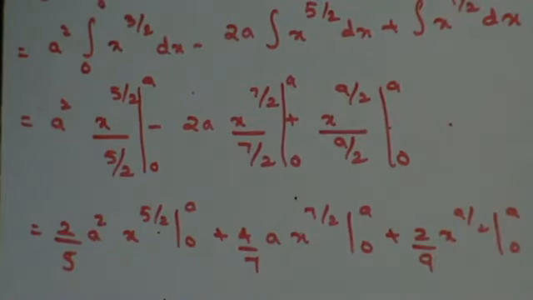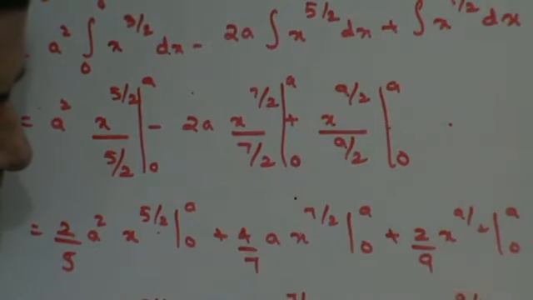Now upper limit minus lower limit. So this is going to be a raised to 5 by 2 minus 0, a raised to 7 by 2 minus 0, plus a raised to 9 by 2 minus 0.